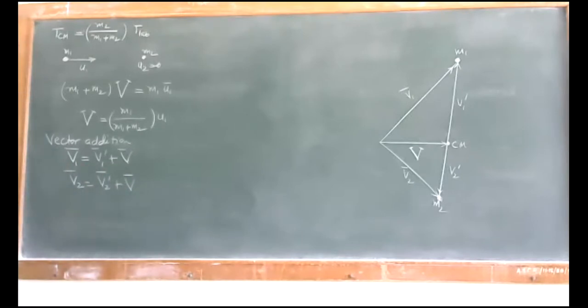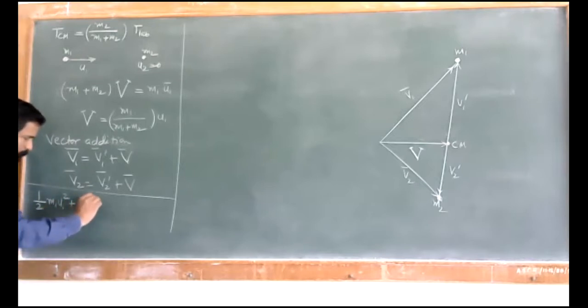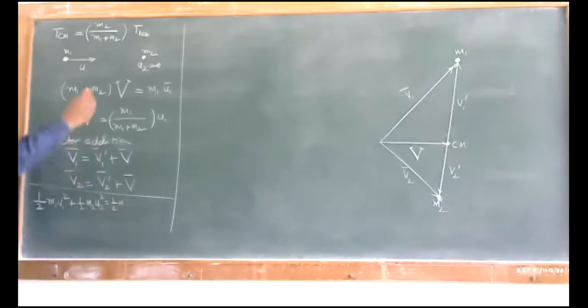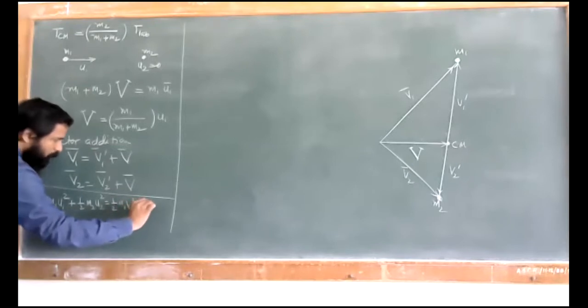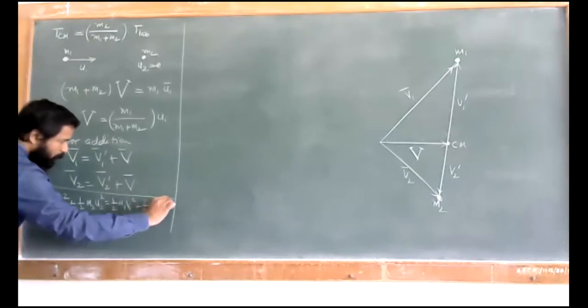So this is one thing. What about the law of conservation of energy? According to the law of conservation of energy, you have 1/2 m1 u1 square plus 1/2 m2 u2 square is equal to 1/2 m1 v1 square plus 1/2 m2 v2 square.